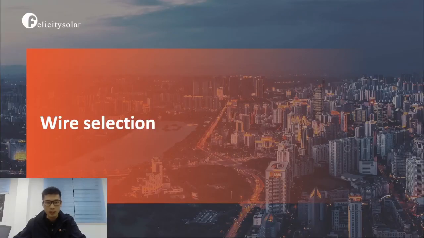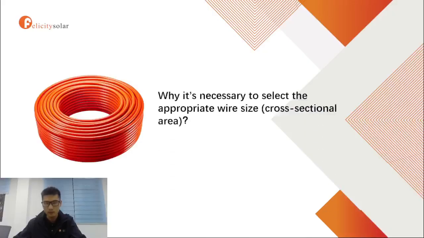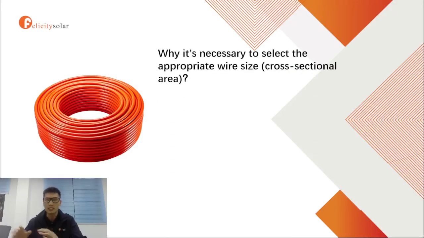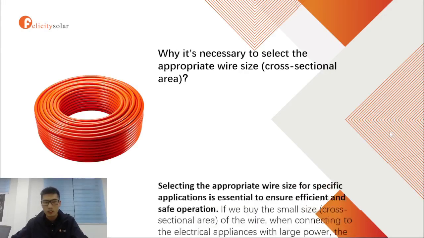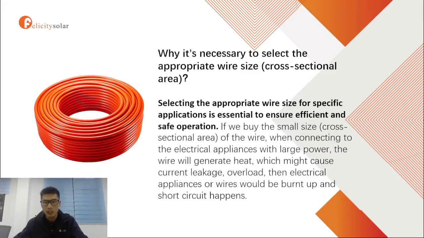So here, the first part is about the wire selection. Why is it necessary to select the appropriate wire size? When we talk about the size of the wire, we are talking about the cross-sectional area. Selecting the appropriate wire size for the specific application is essential to ensure efficient and safe operation.